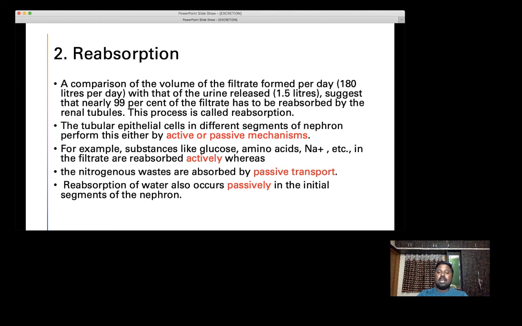This process is called reabsorption. It occurs in different regions of the nephron by active or passive mechanisms. For example, glucose, amino acids, and Na plus are reabsorbed through active processes. Water and some nitrogenous waste materials are reabsorbed by passive processes only. Note down which are absorbed actively and which passively.